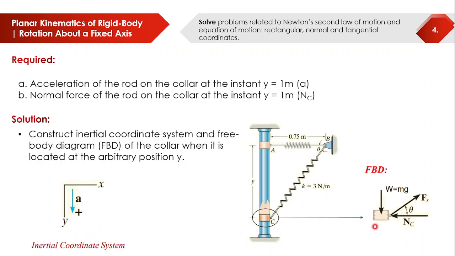For our FBD of the collar, there is the weight, the downward force, which is the weight of the collar itself. The normal force caused by the rod, and the spring force. So there are only three: the normal force, the weight, and the spring force.